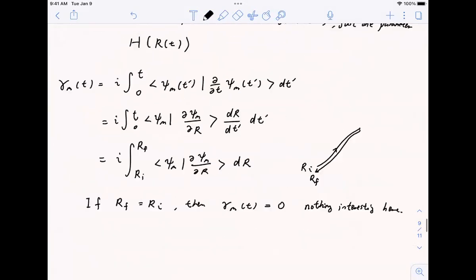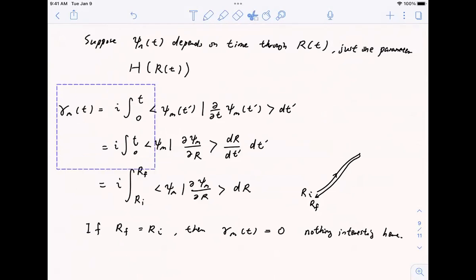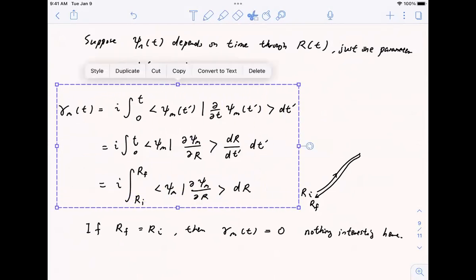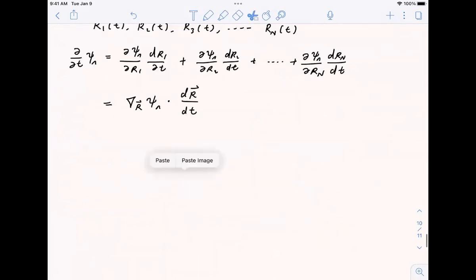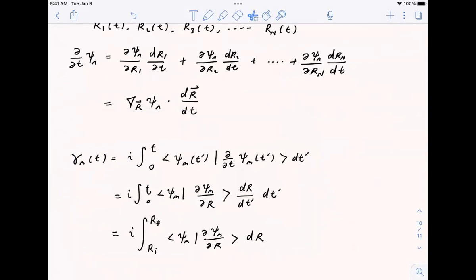Then this geometric phase will be modified. How do we modify it? This thing becomes the gradient with respect to R of the m state, and this will become a dot product.